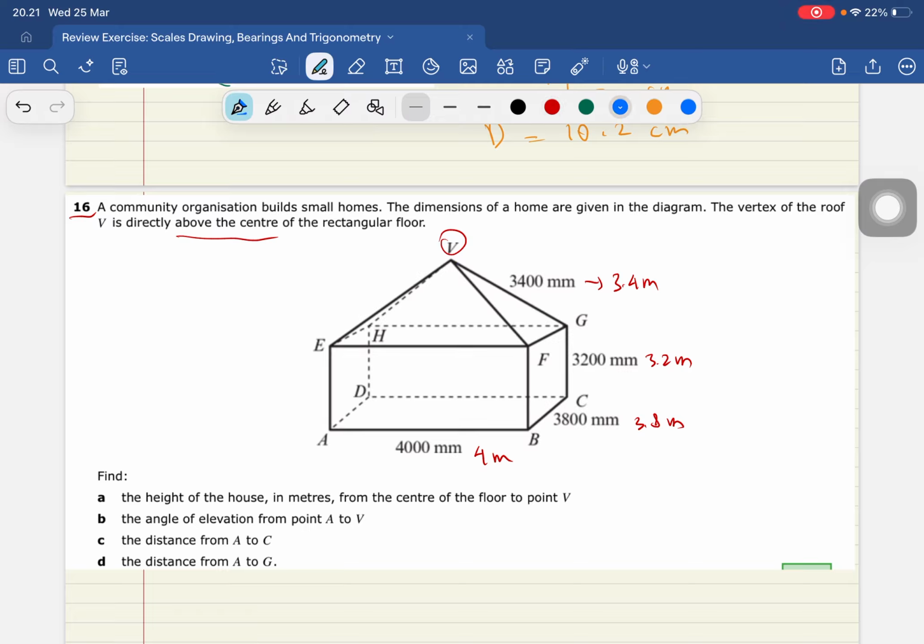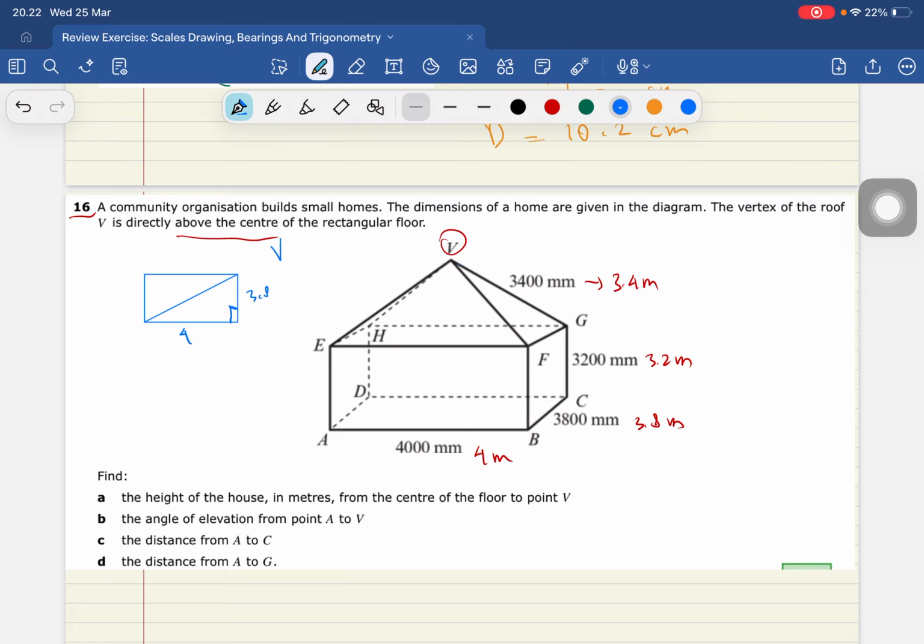Find the height of the house in meters. As this line is 3.4, let us find the diagonal. Here for the diagonal I will rewrite it to make it easier. Here is the rectangle. So here is 4 meters and here is 3.8. We need to find the diagonal, so we can use the Pythagoras theorem.